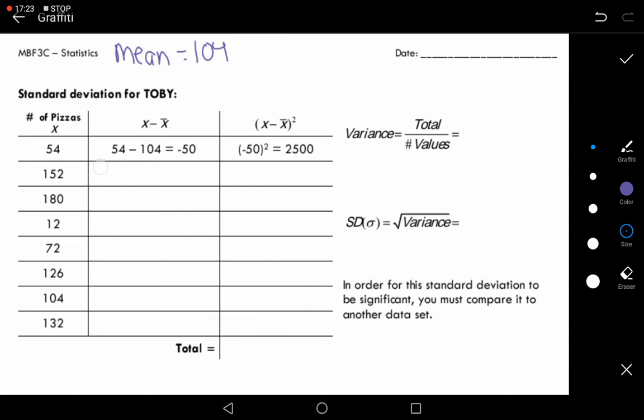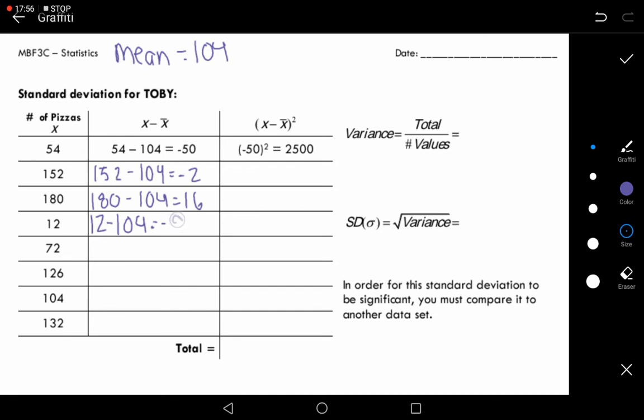So 152 subtract 104 is -2. 180 subtract 104 is 16. Of course, you could use your calculator here. Whoops, not 180, I wrote down the wrong number. 12 minus 104 is -92.